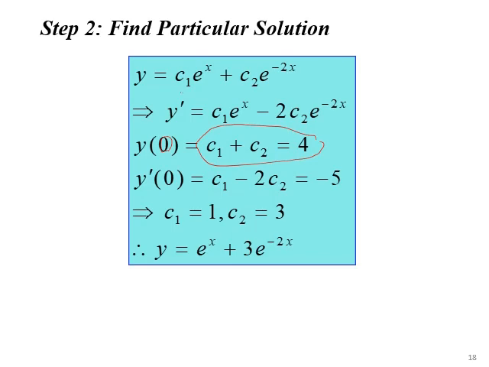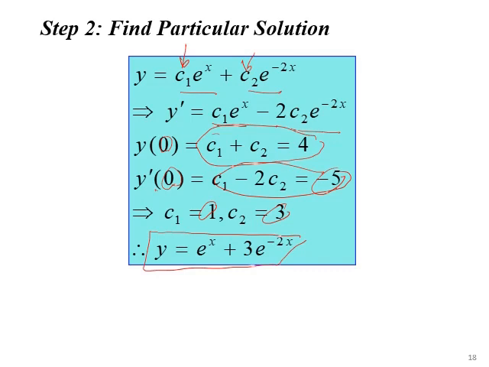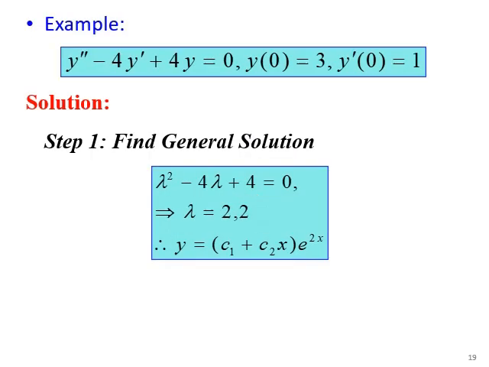This one will be c exponential, and this one will be minus 2c exponential. I substituted 0 here, and it will be minus 5, so I have another equation. Solve these two equations simultaneously, you get c1 and c2. So back and substitute for the constants, you have the final shape of the formula or equation.